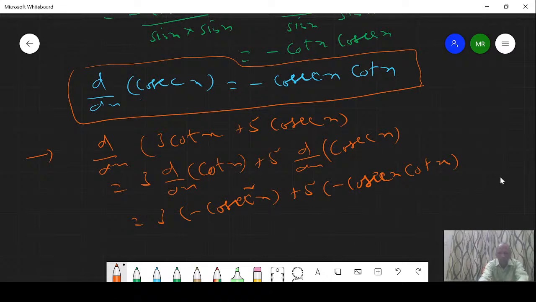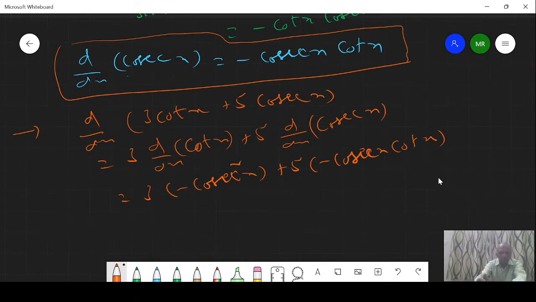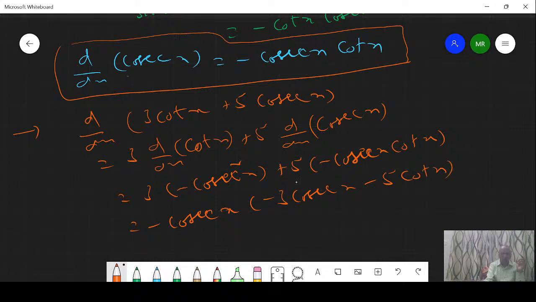So if you want, I can take cosecant x common, or you can leave it now. If you take cosecant x common, this will become minus 3 cosecant x plus 5 cot x. Even if you take minus cosecant x common, this will become plus cosecant x cot x.